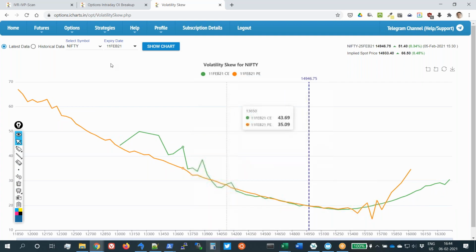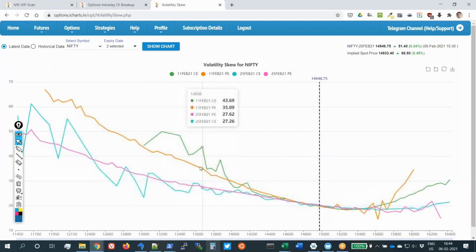That is one. Then for diagonals, you also take far expiries, diagonals and calendars. So you see the near term, this is near expiry, the 11th Feb expiry, and this is the monthly expiry. If you see near term expiries, out of the money options are more expensive.